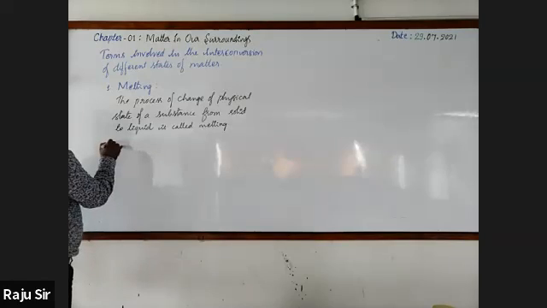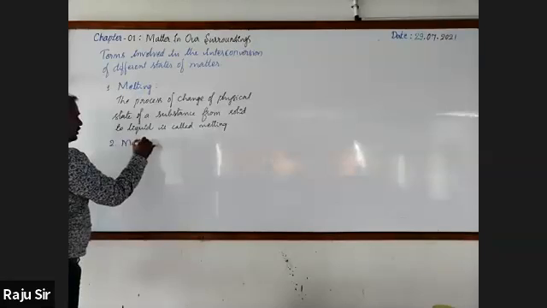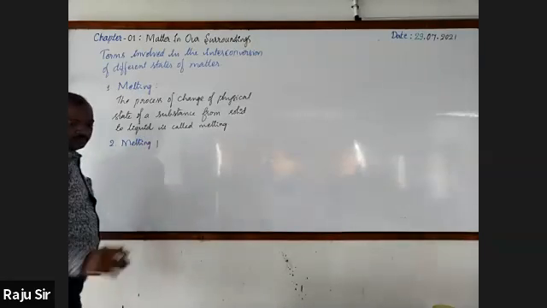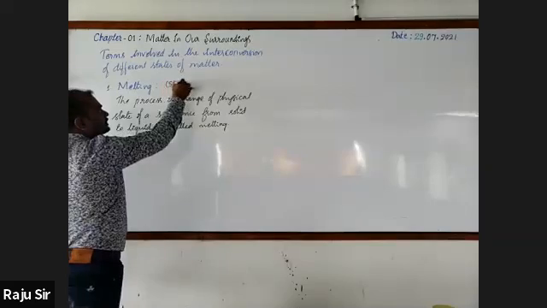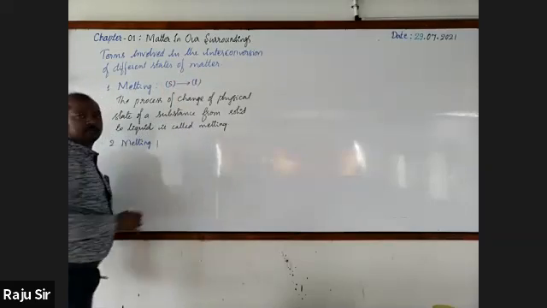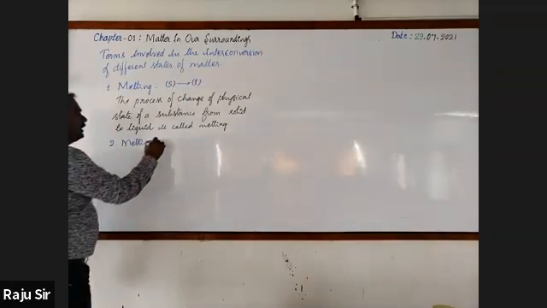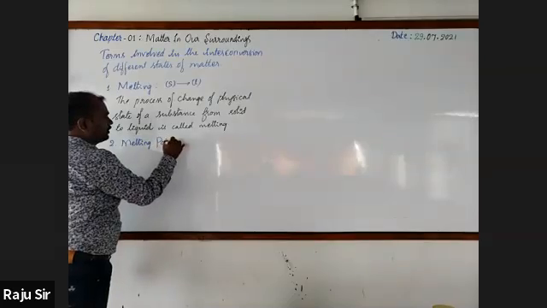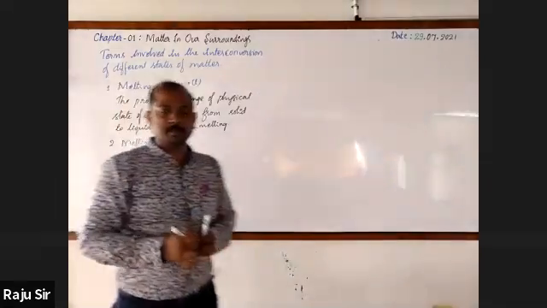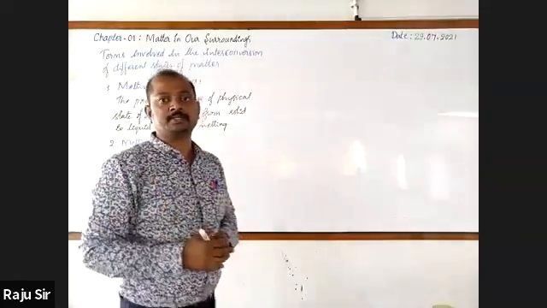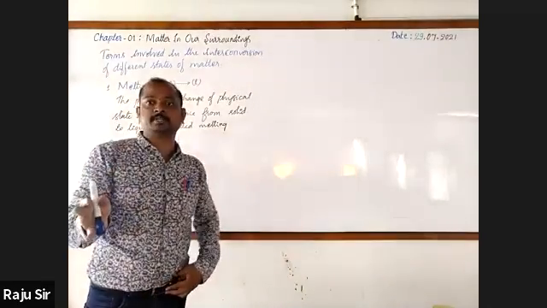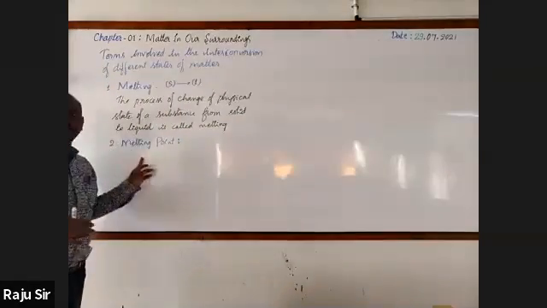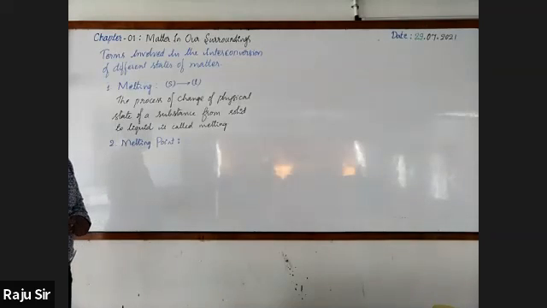Second one. Melting point. In melting you can just write: solid to liquid. Next one, melting point. You all know that melting point is a specific, definite, fixed temperature at which a solid starts melting.